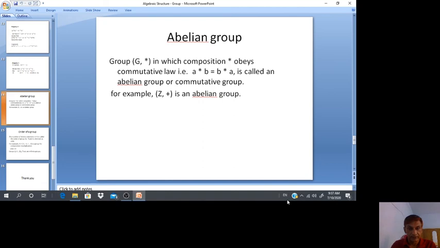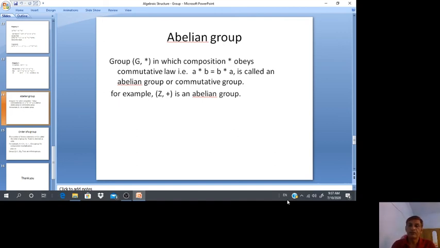Next, we see what an abelian group is. An abelian group is a group in which composition is commutative. That is, the composition follows the commutative law. What is the commutative law? It is a * b is equal to b * a.